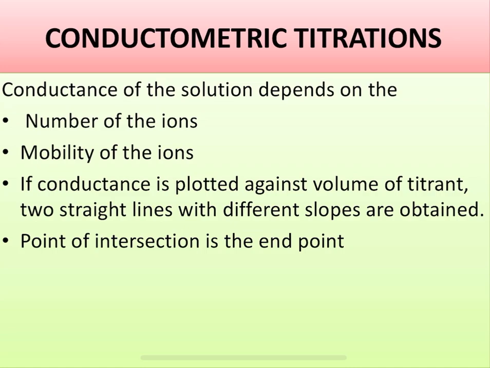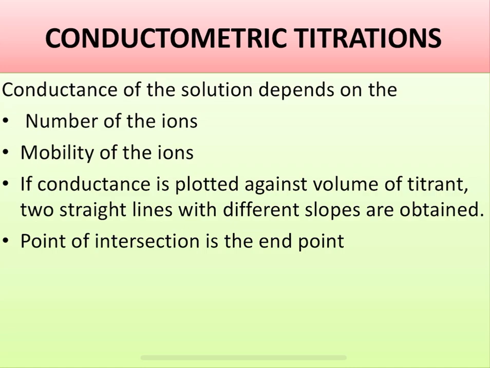The titrant is taken in the burette. For example, in an acid and base experiment, the acid is taken in the beaker and the base in the burette, and we add it in successive additions like 0.5 ml, 1 ml, 1.5 ml, 2 ml.